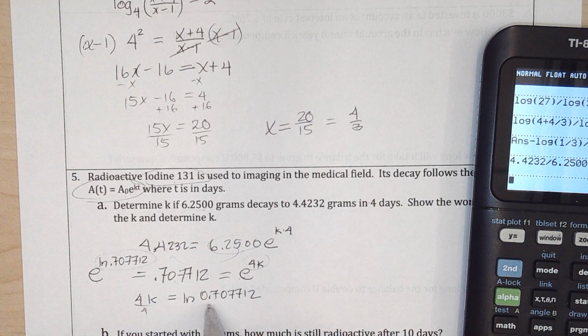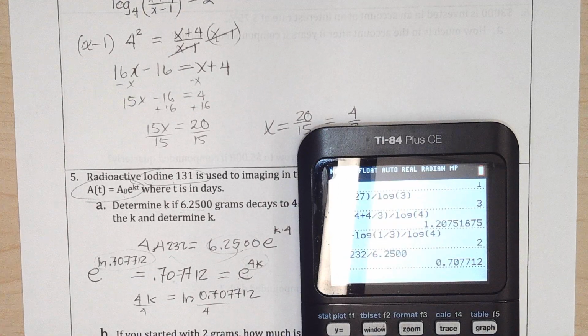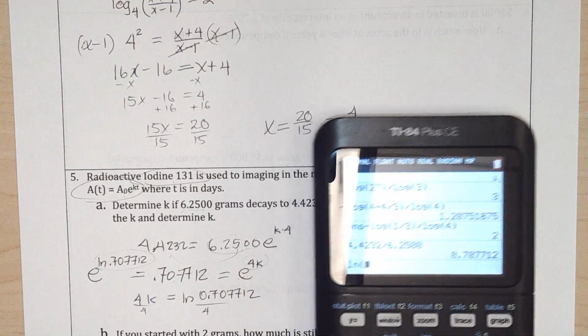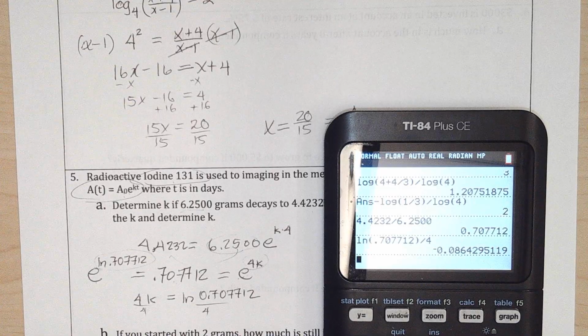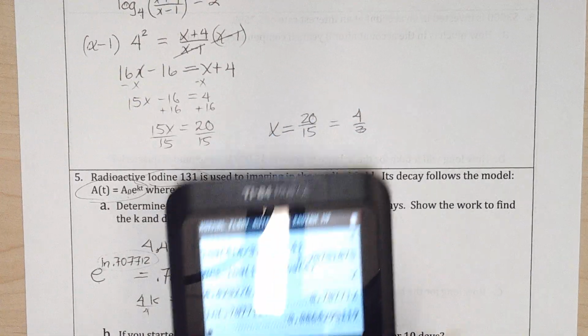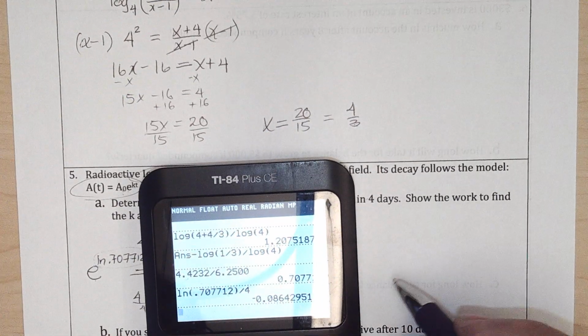Divide both sides by 4, and I get the K. So I want to do ln of 0.707712, close parenthesis, divided by 4, and this is the K for radioactive iodine 131.